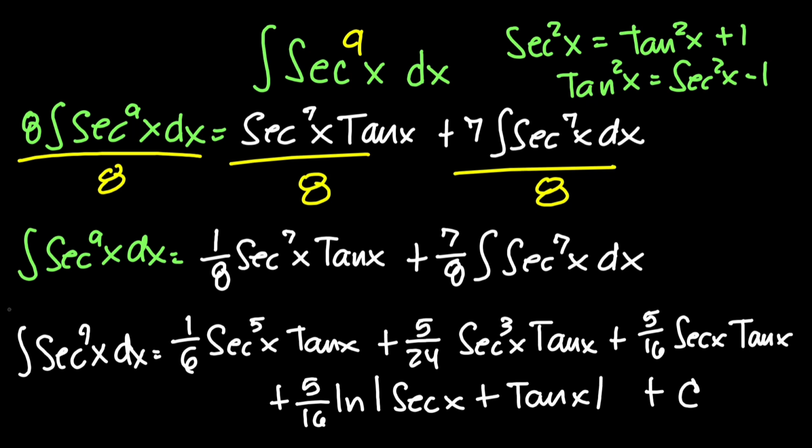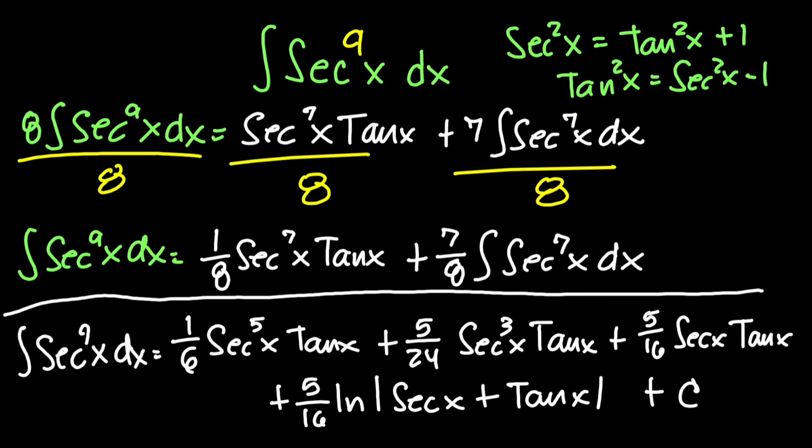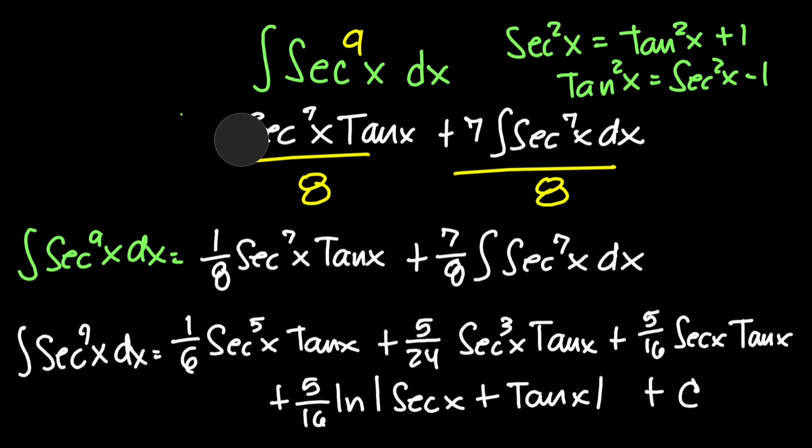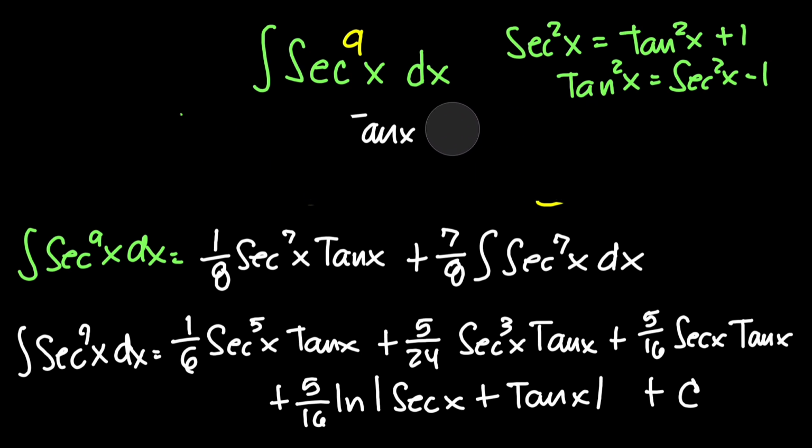This is the full answer that I had solved in my video regarding the integral of secant to the power 7 of x. So we can just substitute it into this equation right here, or the term.